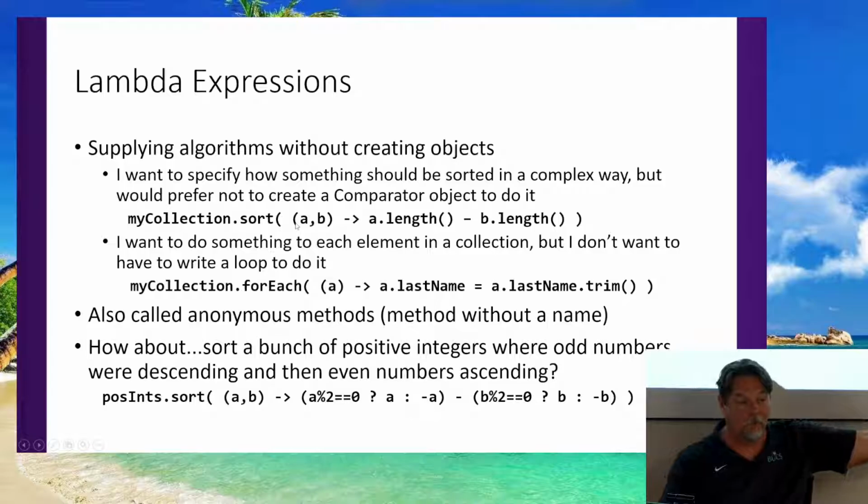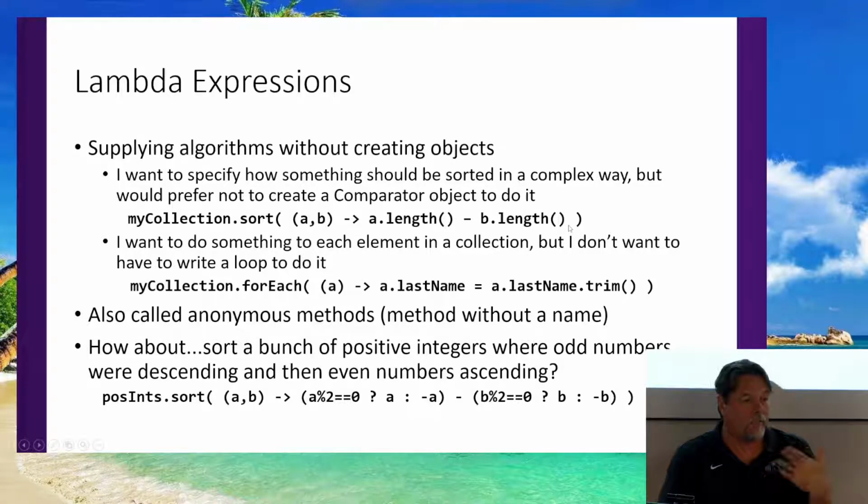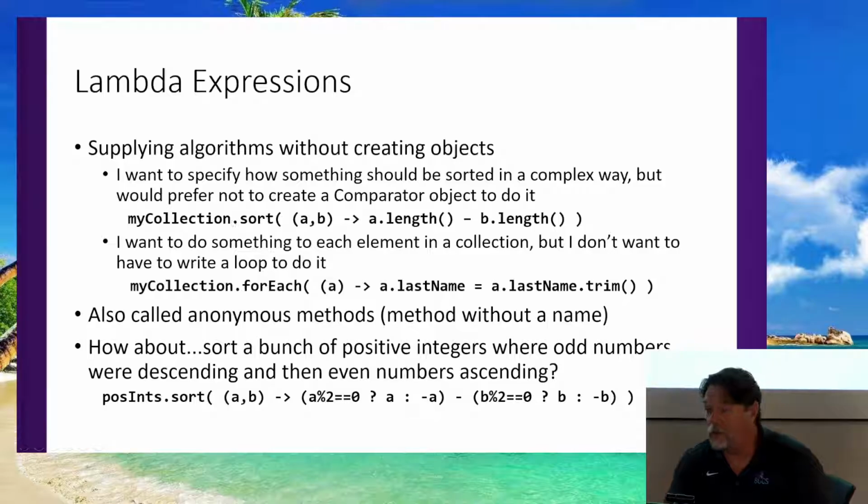The geniuses that work on compilers and things like that came up with this syntax that fits nicely into Java, into C#, into these other languages, that is just beautiful, I think. So if I want to sort my collection, whatever it is, is it an array list? Is it a hash map?